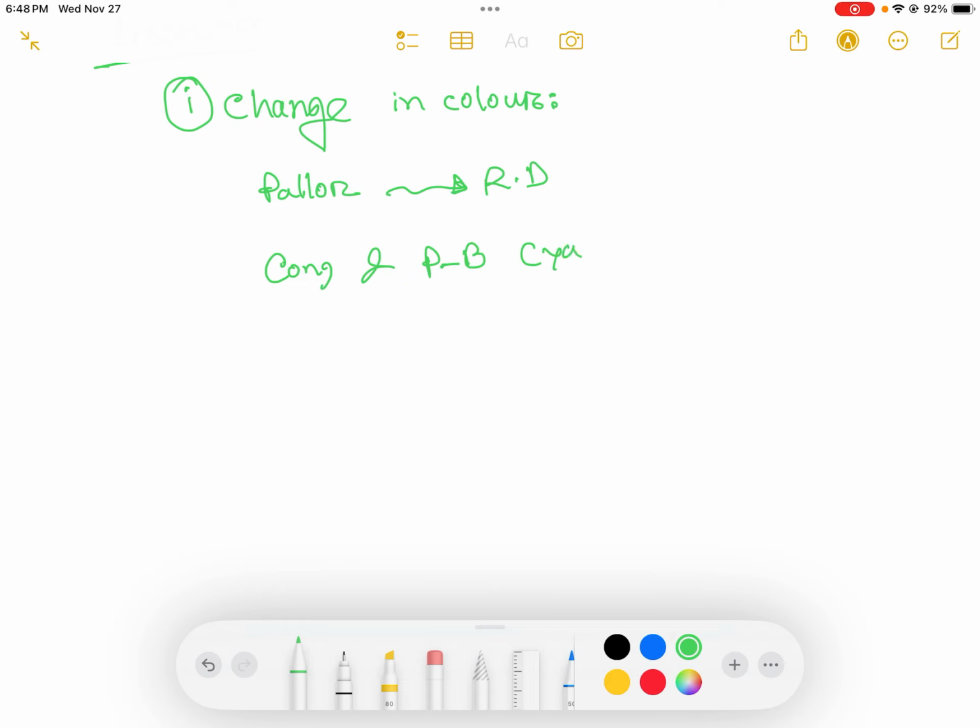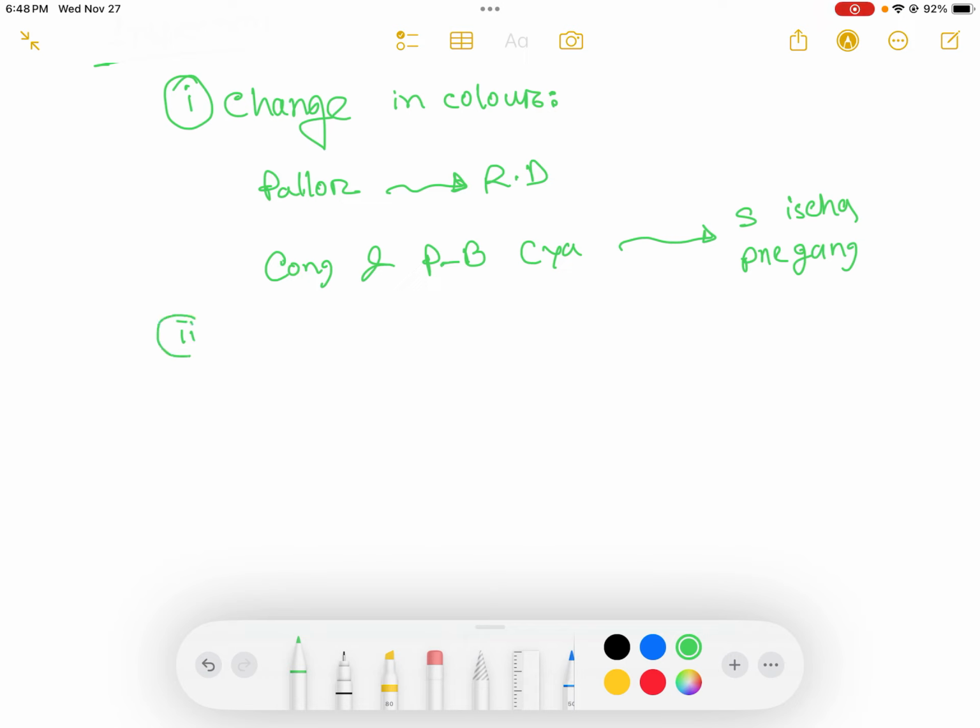As soon as the limb is elevated, it becomes pallor.